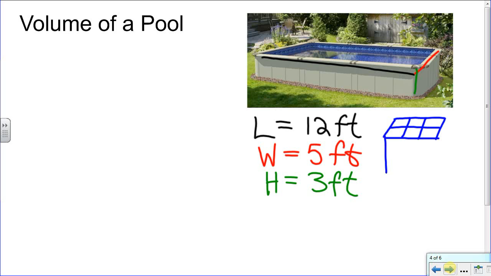But when you have a height, I also like to think of it as having levels of that group of 6. So yes, on the top floor we have one level of a group of 6. But if we have a height, it's actually going to extend, and we're going to have multiple levels of 6. So we need to say that those different levels could be considered more groups.